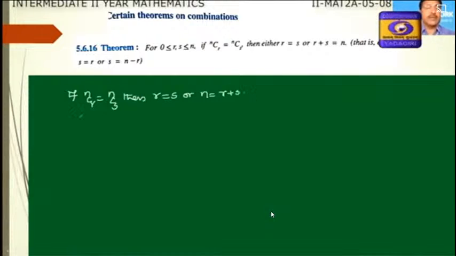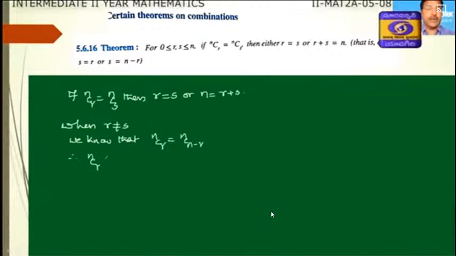So we can verify this statement simply when r is not equal to s. We know that in the previous class we have discussed a formula nCr is equal to nC(n minus r).